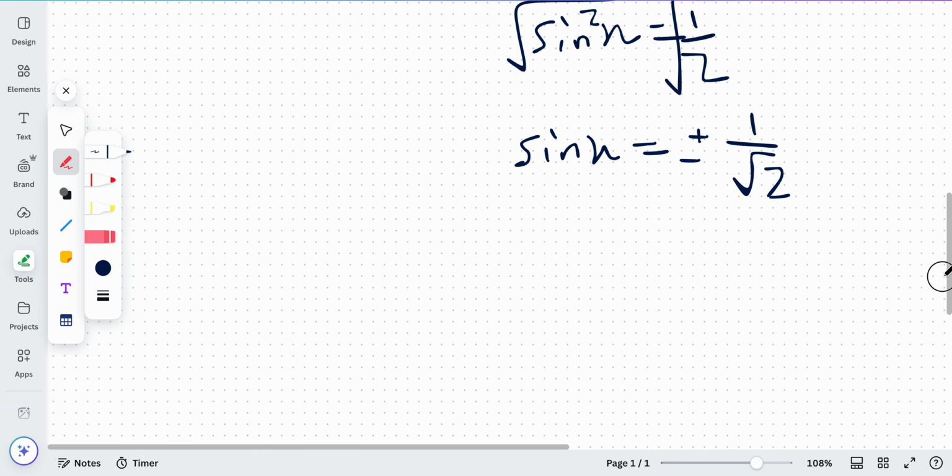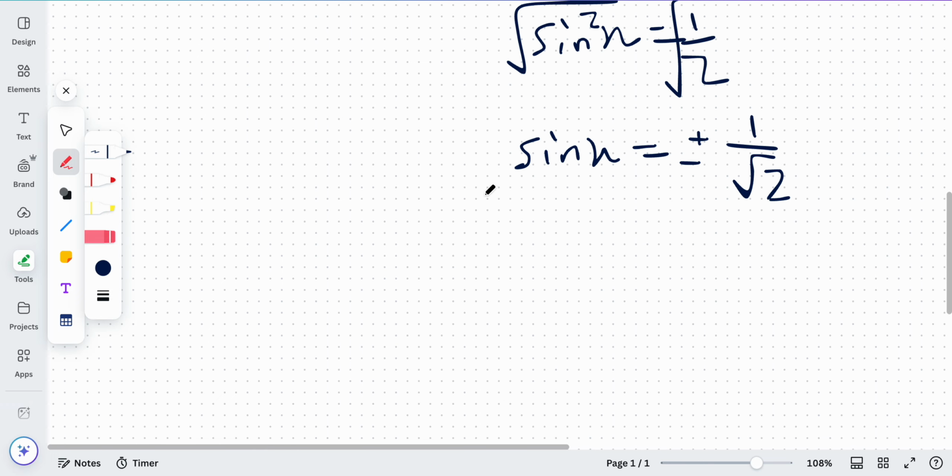We know that 1 over root 2 corresponds to 45 degrees, or pi over 4 in radians. I can just draw the unit circle.